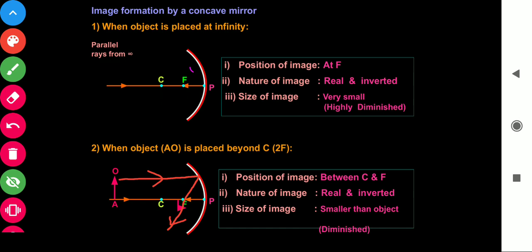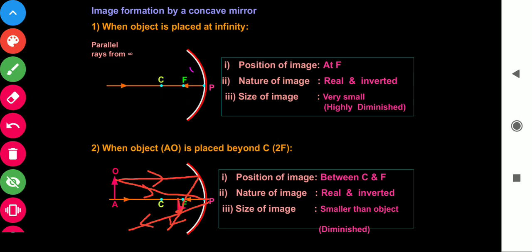It comes through the focus. The second ray which we will take, we can take from focus as well as at pole. Let's take it from pole. If I take it from pole, it comes to the pole like that, and with the same angle it goes back. The point of intersection of both reflected rays is the image.